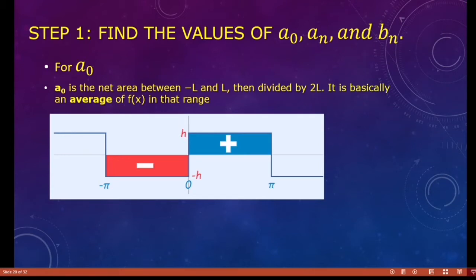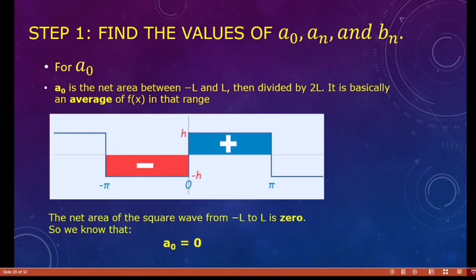And then let us look at the sketch. So as you can see, the net area of the square wave is 0. Okay? So from negative L to L, it is 0. If we add it, it becomes 0. So our a sub 0 is equal to 0.